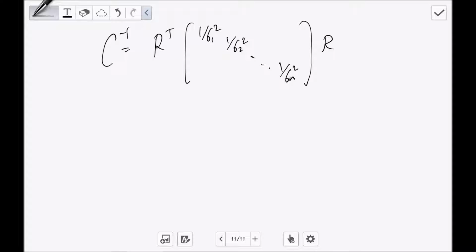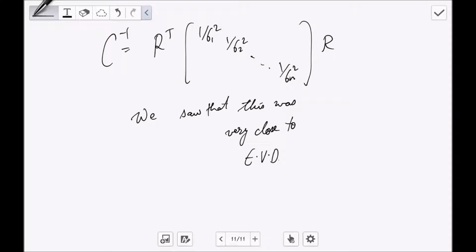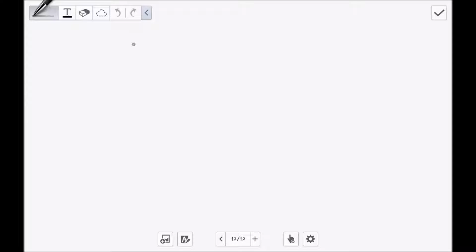Now we saw that this was very close to eigenvalue decomposition. Fine. So we started saying C inverse as some R transpose, this as some D inverse, and then this as R. Fine. Then we wanted to invert this.